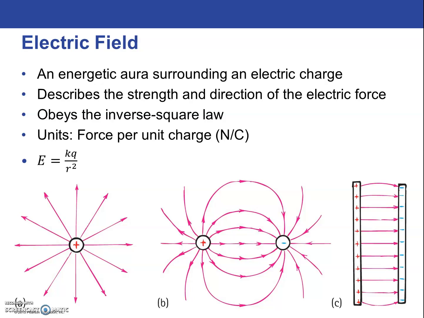The electric field essentially describes the strength and direction of the electric force, right? Based on its direction and the density of those lines in a certain region. So the more lines in a region, the stronger the electric field.